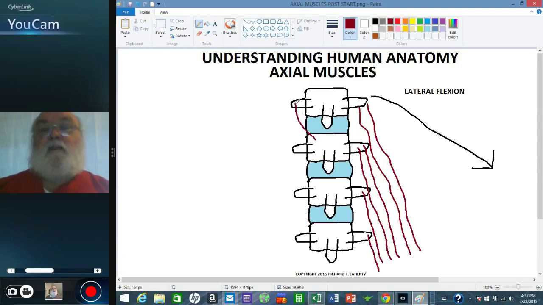So it'd be running like this. I'll draw another one in here. And we'll draw a third one in just for good measure.